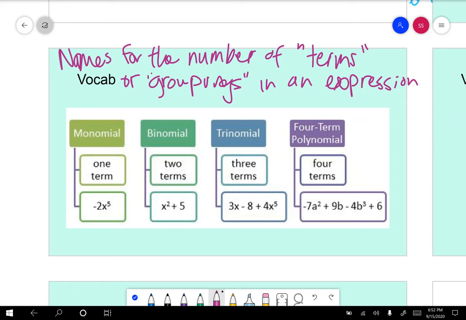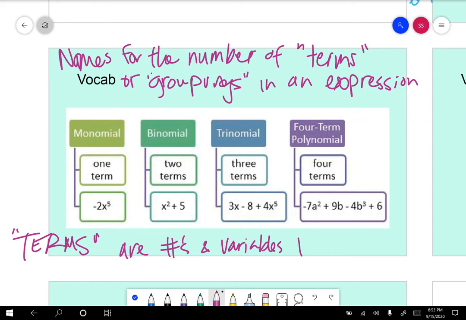So let's talk about terms, and then we'll go over what each of these names are. Terms, and again, this is probably something you want to write down. Mathematical terms are numbers and variables that are separated.